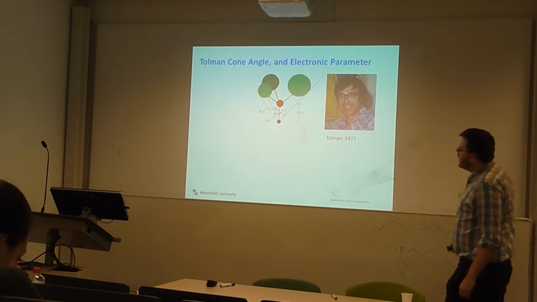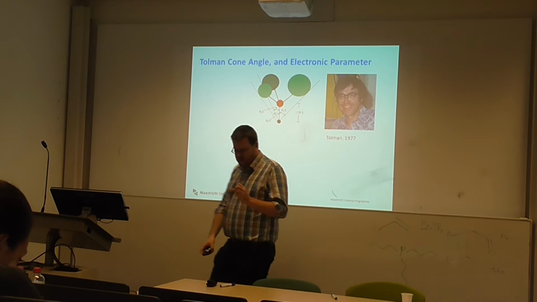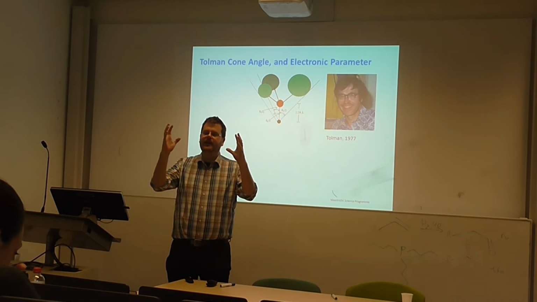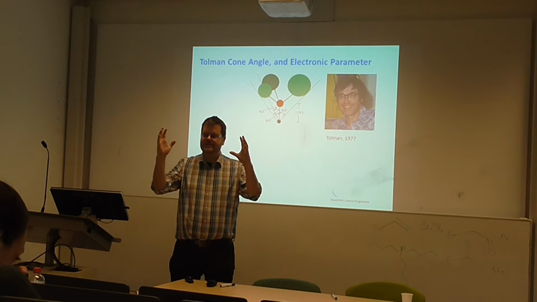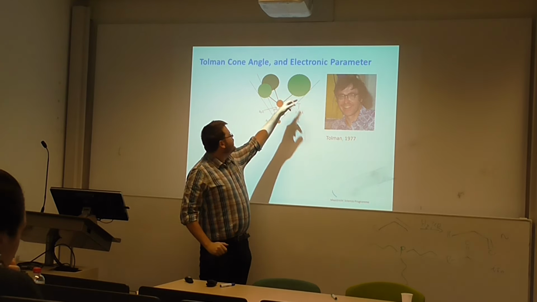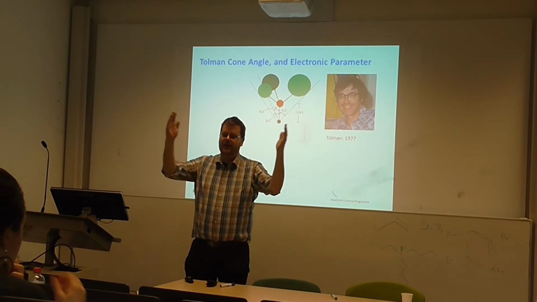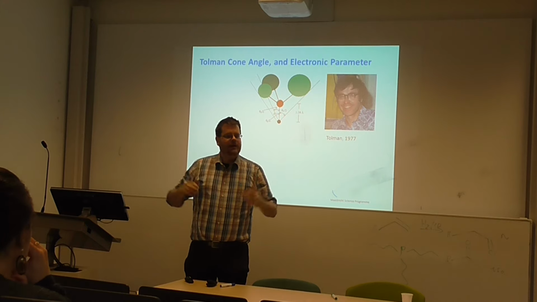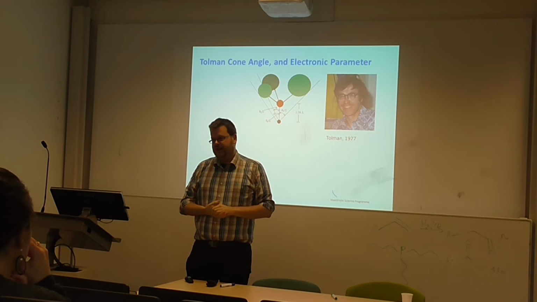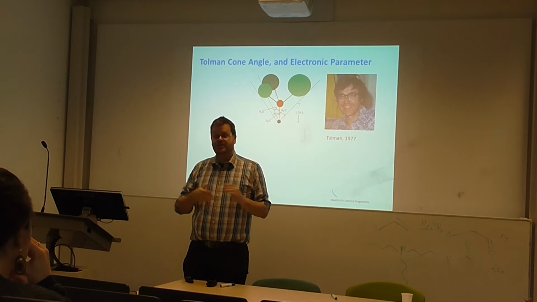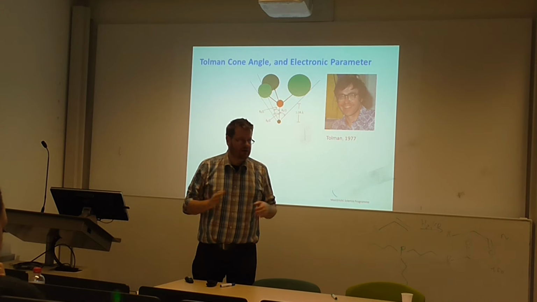Very simple, okay? Of course, the more sterically demanding the substituents, the bigger those groups are going to be, and the bigger the Tolman cone angle. The bigger the angle, the more steric demand it has. Does everyone follow that? So that's the so-called Tolman angle.